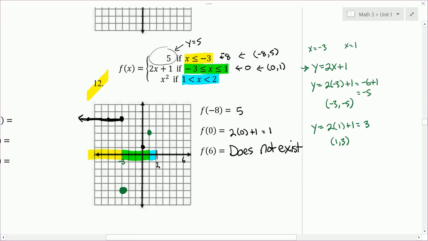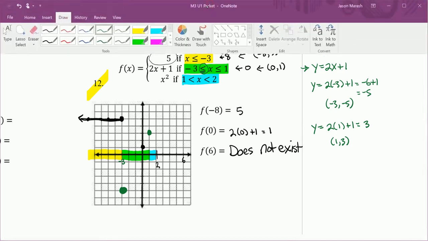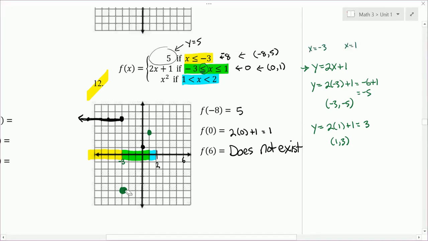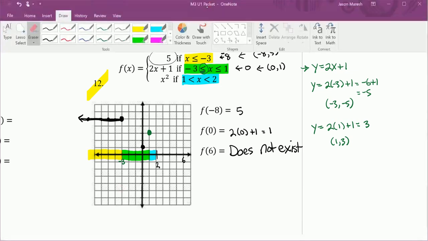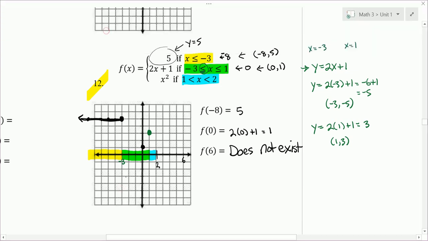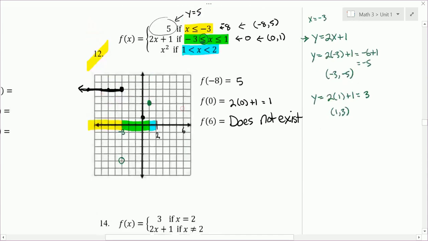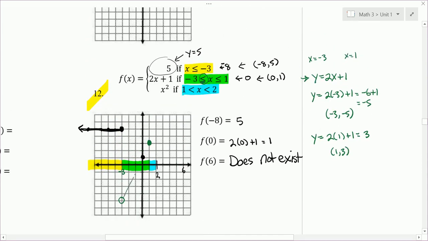So what we're going to do is take this sign right here and cross out the equals. So we're going to make this an open circle, because you can't have two different closed circles right above each other. It would not be a function if that were the case. And this is linear, so we'll connect the points here. Okay, that's my second piece.